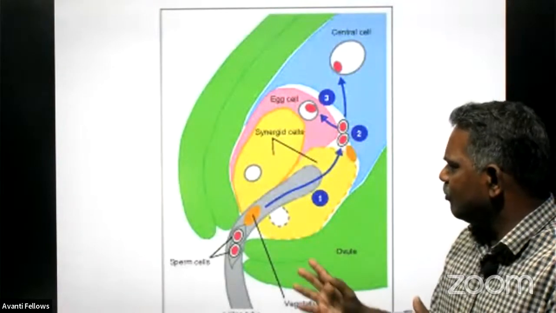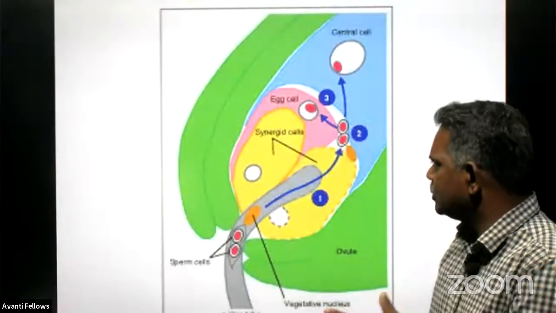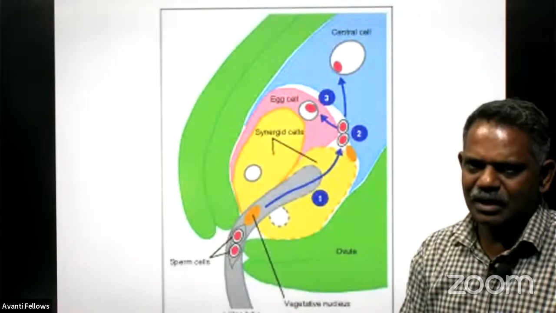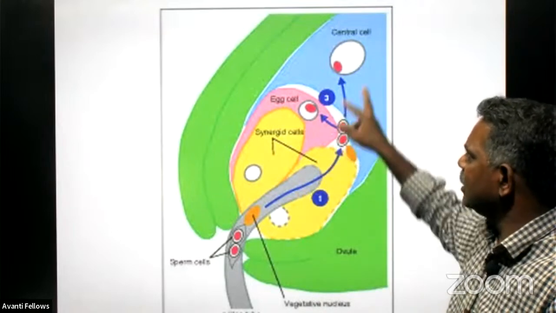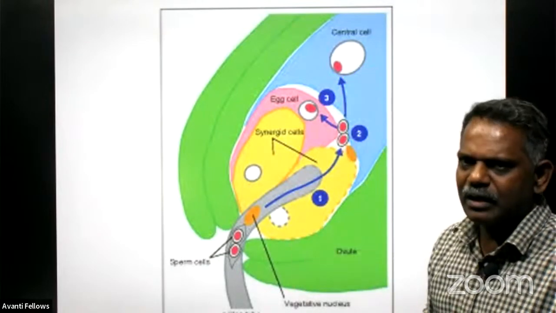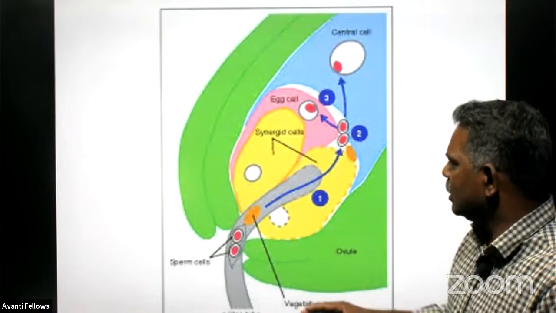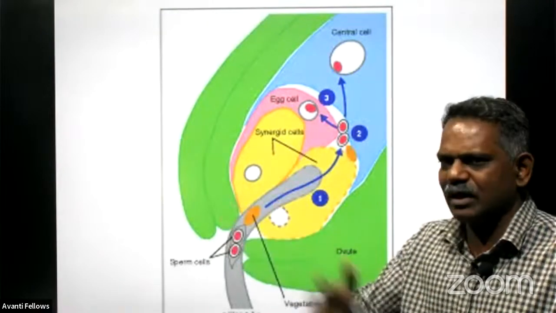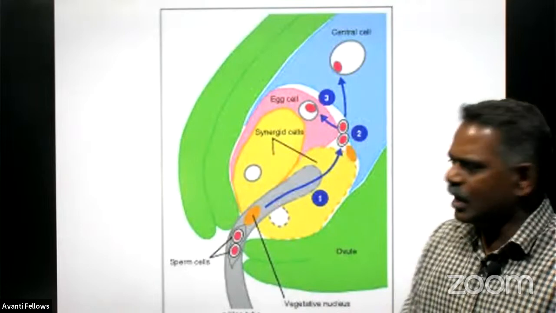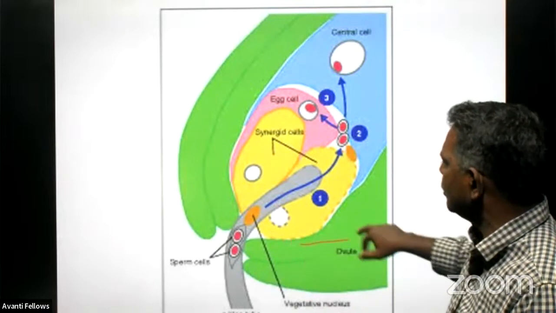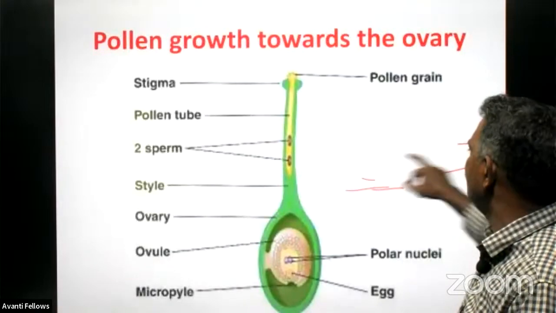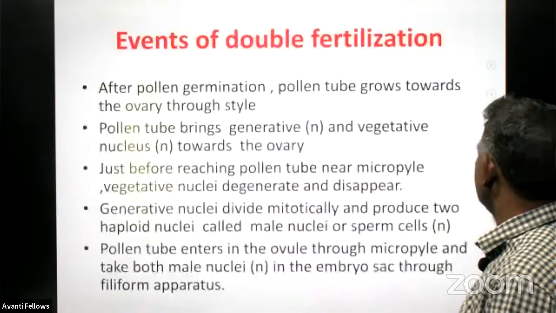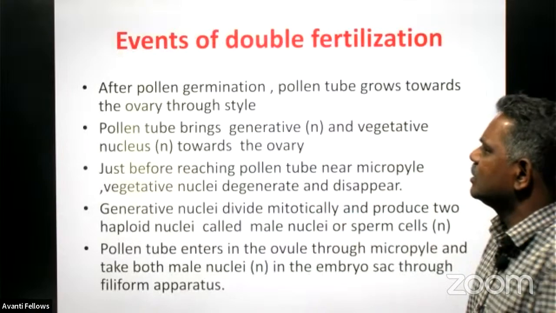Through this filiform apparatus, pollen tubes get into the embryo sac. In the embryo sac, the egg cell is located, and both polar nuclei are also located in the embryo sac. The purpose of the two male cells is to fertilize these structures present in the embryo sac, so they enter the embryo sac through the filiform apparatus.